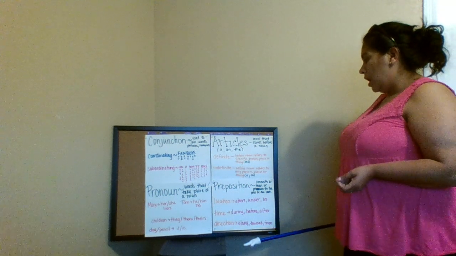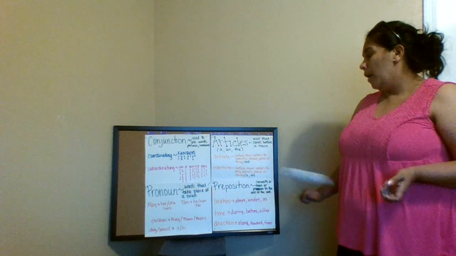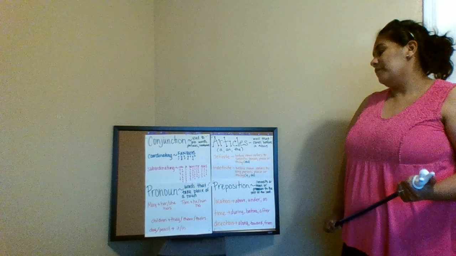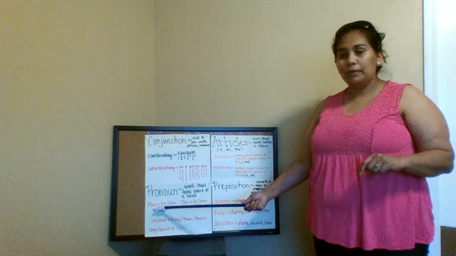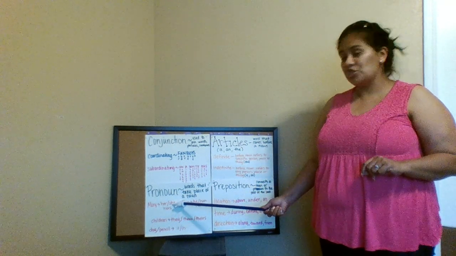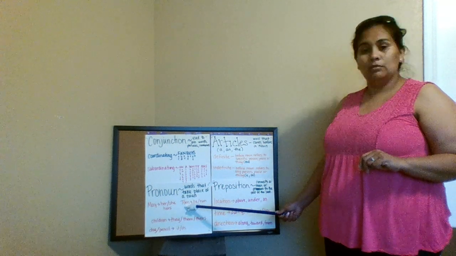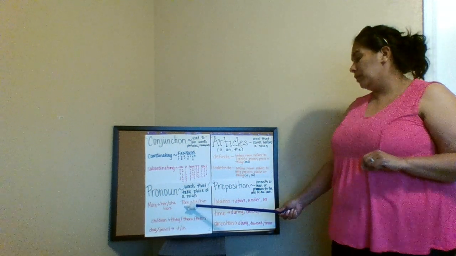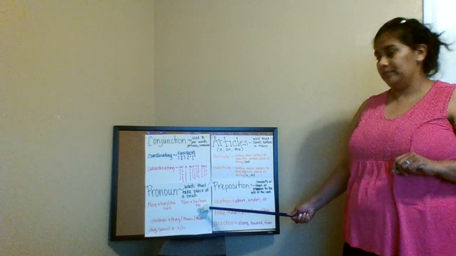All right, let's move on to pronouns. Pronouns are words that take the place of a noun. For example, if we have a female, let's say Mary, we could replace Mary with her, she, or hers. If we have a male, such as Tom, we could replace Tom with he, him, and his.